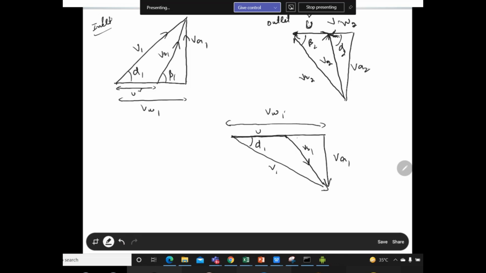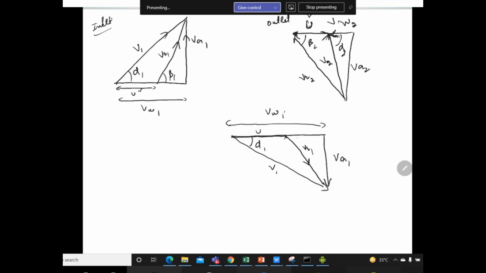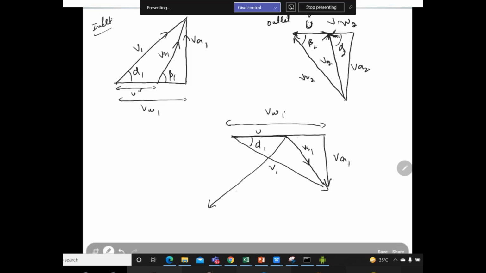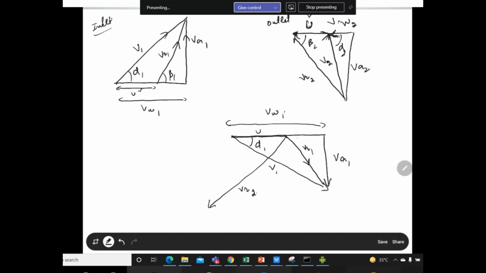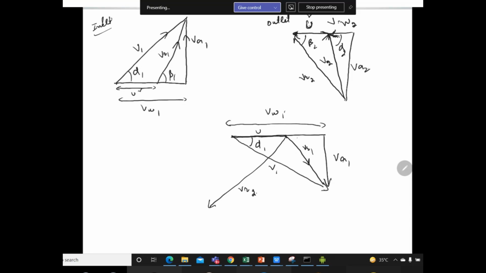So from here, if we take one line, and this is a straight line, okay, we can say this is your VR2, and now we have V2.